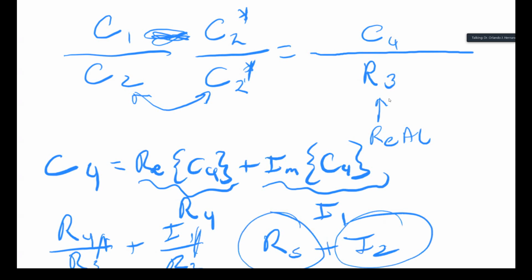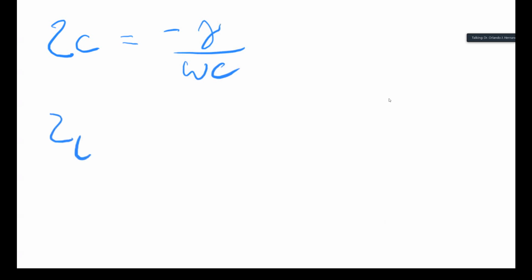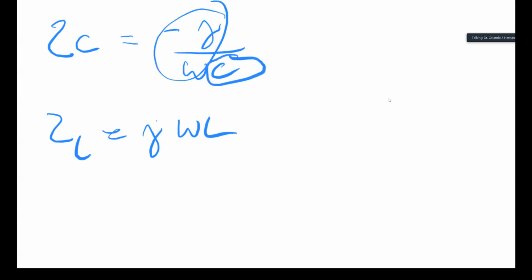And you can do that iteratively until you can separate the components, because you know that the resistor is going to be real, but you know the impedance for the capacitor is going to be minus j over omega C, and the impedance for the inductor is going to be j omega L. So if you can get these types of expressions, then you can extract whatever has this, which is going to be the value of the capacitor, and when you take that away, whatever remains becomes the value of the inductor.